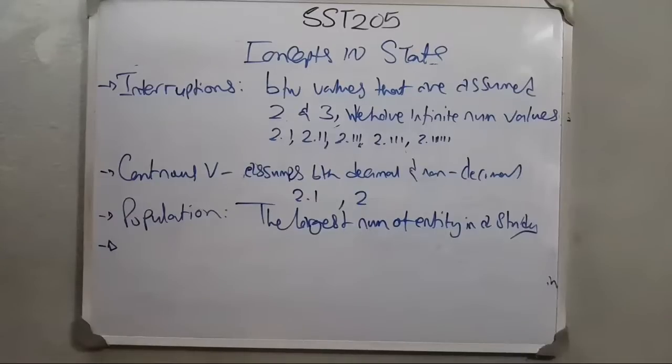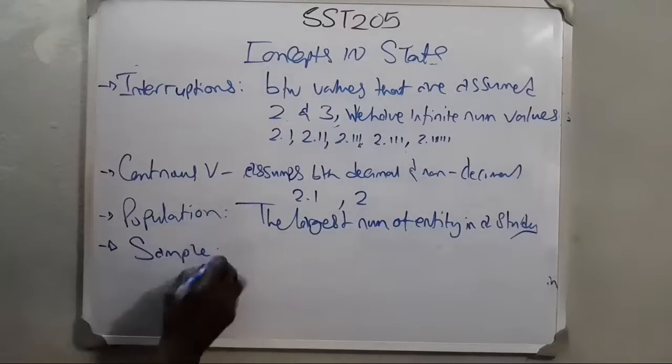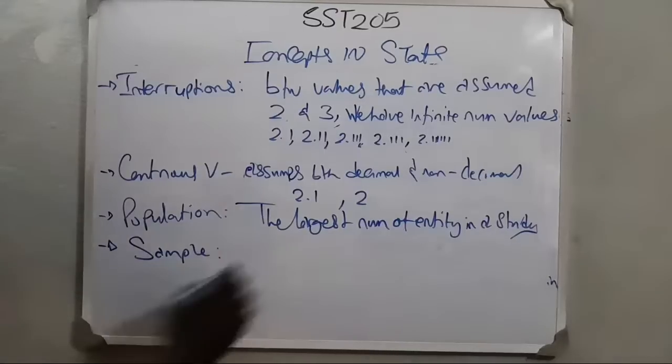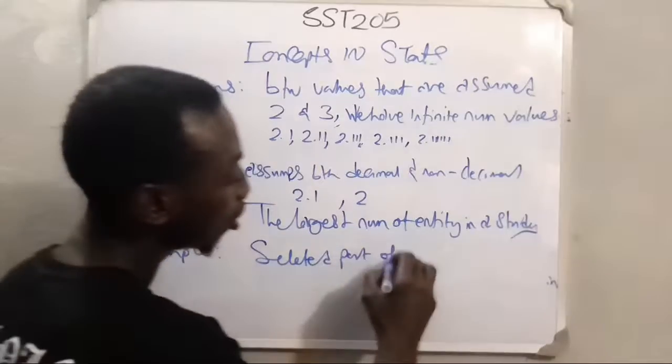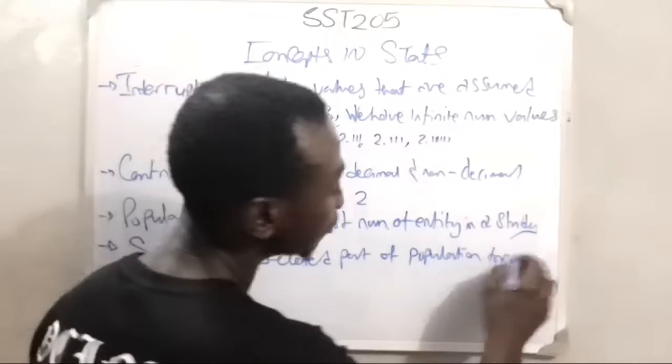Okay, so we have sample. Sample is said to be part of population. All these things we'll still get to know properly; we're just being introduced to them now. This is the selected part of the population for study.